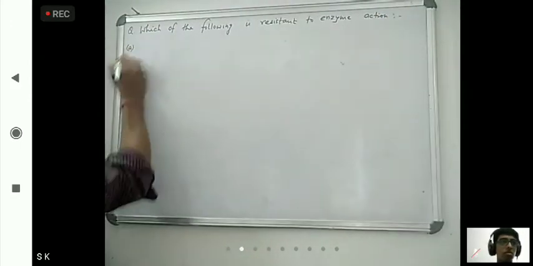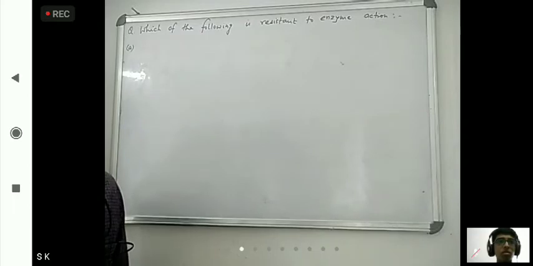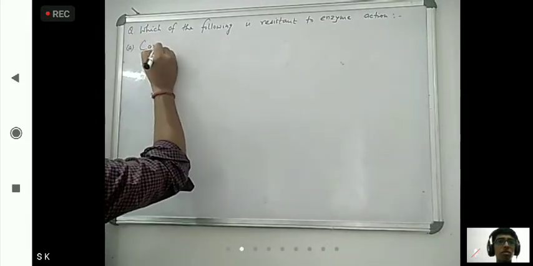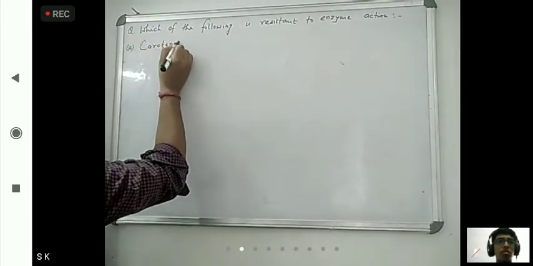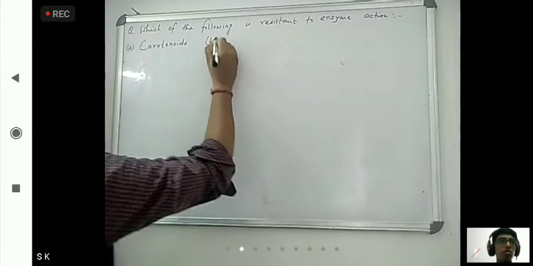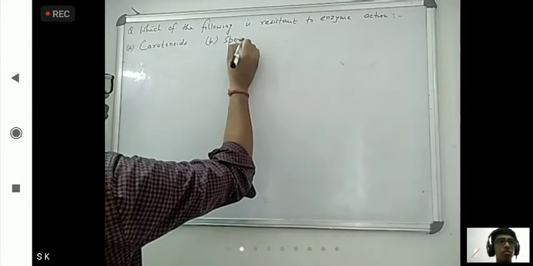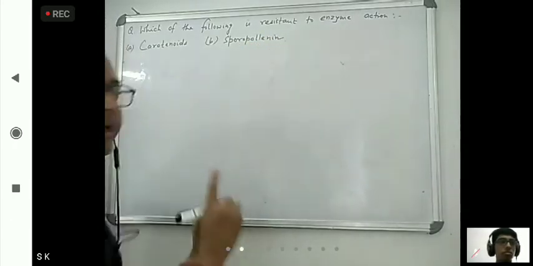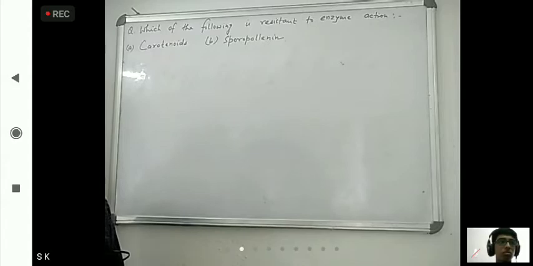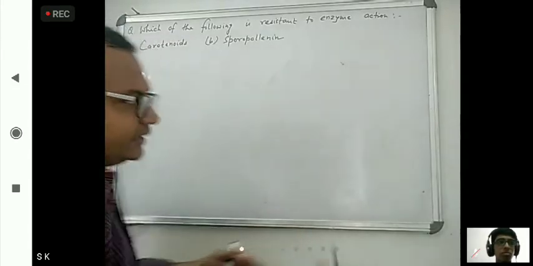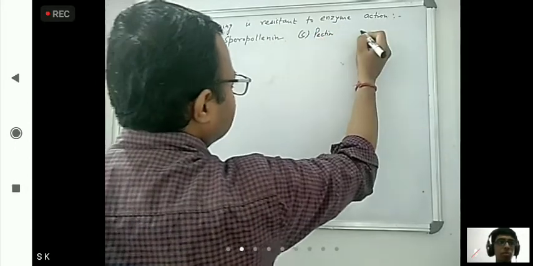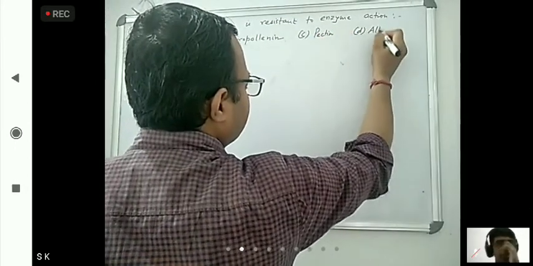And what are the options? Yes, you all know that, but I am giving the options. One option is carotenoids, another is sporopollenin, next option is pectin, and next option is all of these.